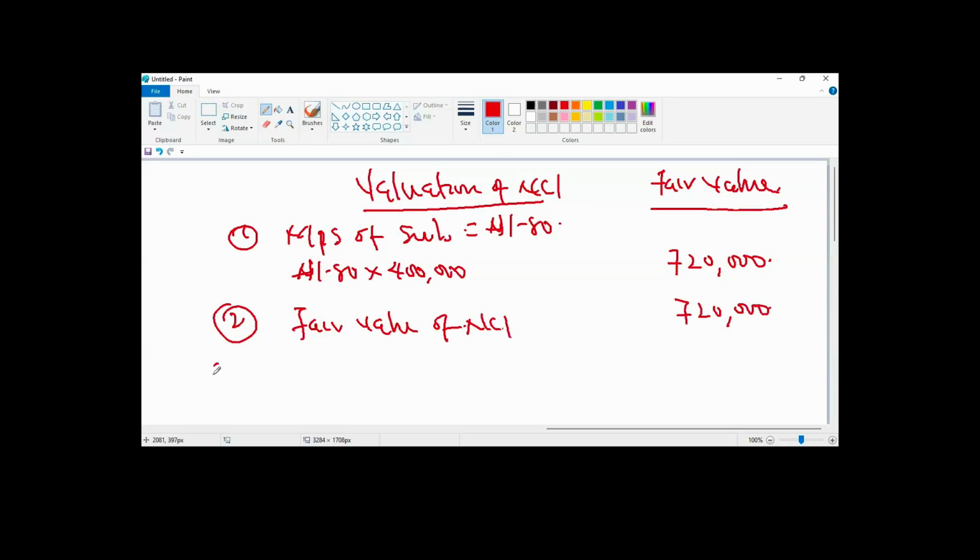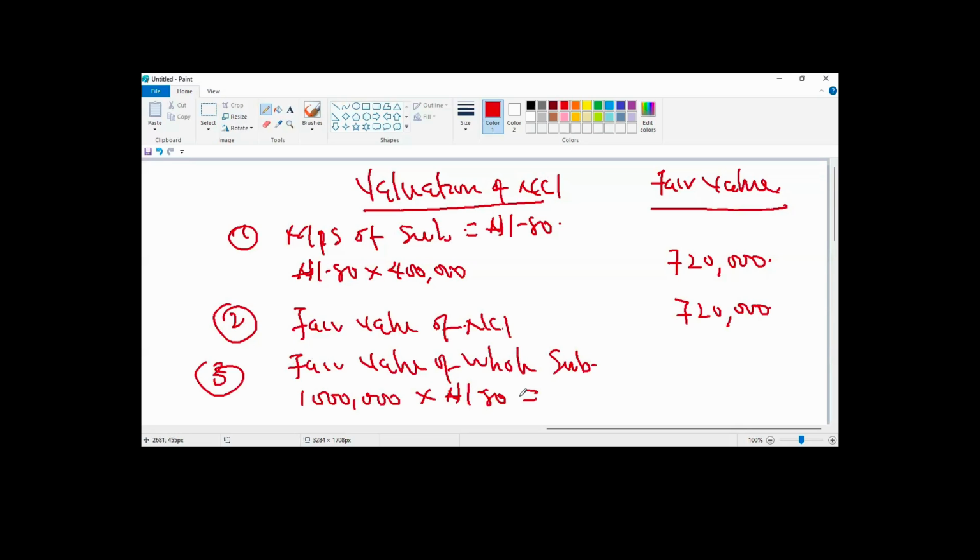The question can give me the fair value of the whole subsidiary. Don't forget the subsidiary has 1 million shares, and each one of them costs 1.80. What is going to be the fair value of the whole now? 1.8 million.